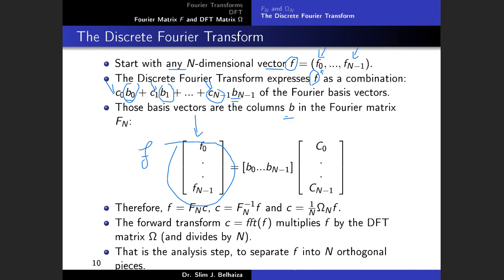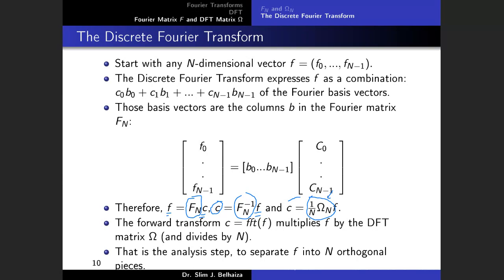Therefore, one can write the following: f is the Fourier matrix of size n multiplied by c. And to find back c, your goal is to determine these coefficients, it's Fn inverse times f. As you've seen from the previous slide, Fn inverse is 1 over n times the conjugate of omega n. So you need the discrete Fourier matrix here to find the c's.